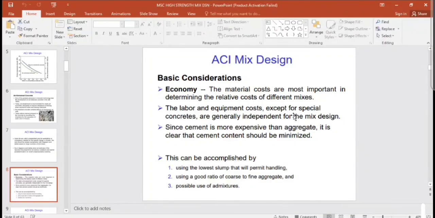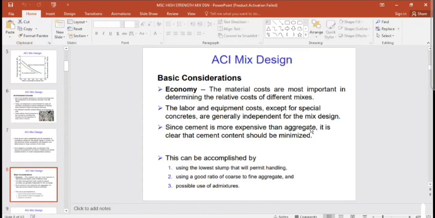But if you see, the material cost is primarily dependent on the mix design. Labor and equipment can somehow be engaged, but in some special types of concrete, like self-consolidating or self-leveling concrete, the labor cost is exceptionally lower.